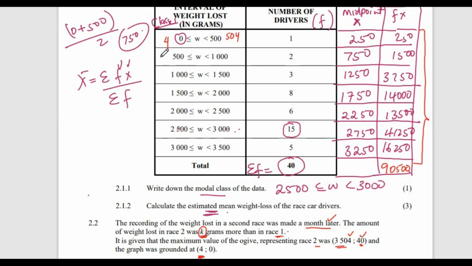Okay, so this will be 504, and then this will be 1,004, and then 1,504, 2,004, 2,504, 3,004, 3,504. You can see how it's coming up.